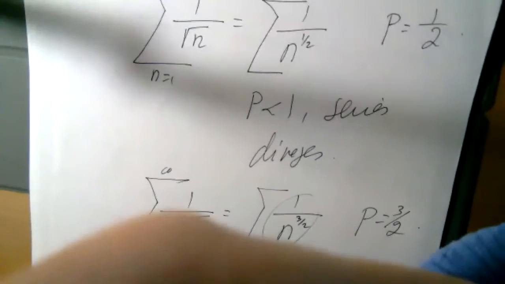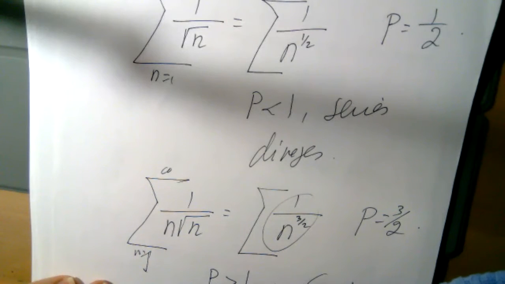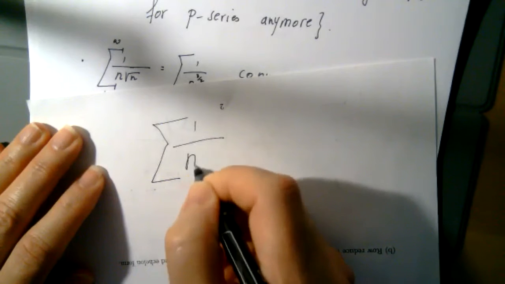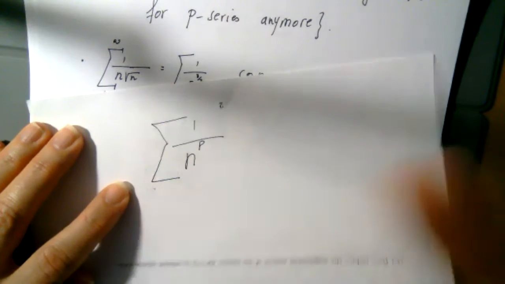Since p is negative, wouldn't it diverge, it's less than 1? Jordan, speak up because I didn't understand. P is not negative. P is 3/2. It's not negative 3/2 since it's 1 over n? No, I understand what your question is. The P is what shows up in the denominator, n to the P. You don't bring it up and make it negative.